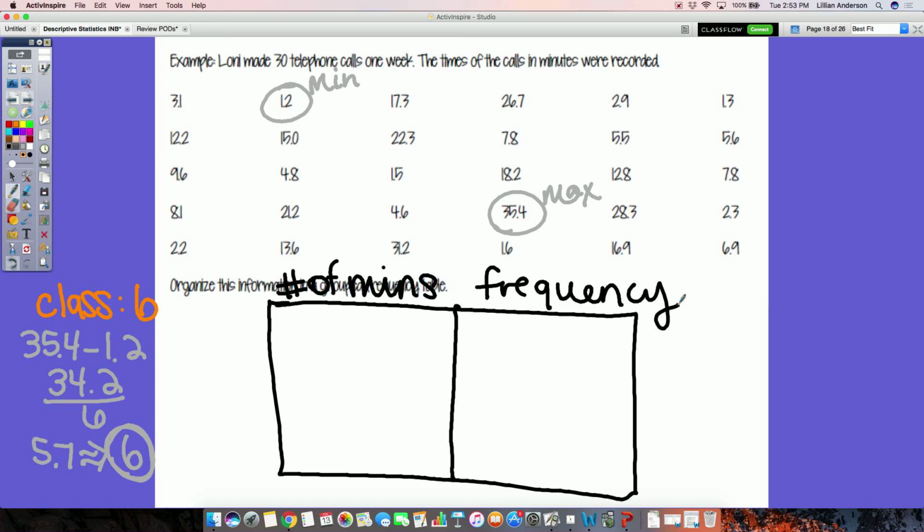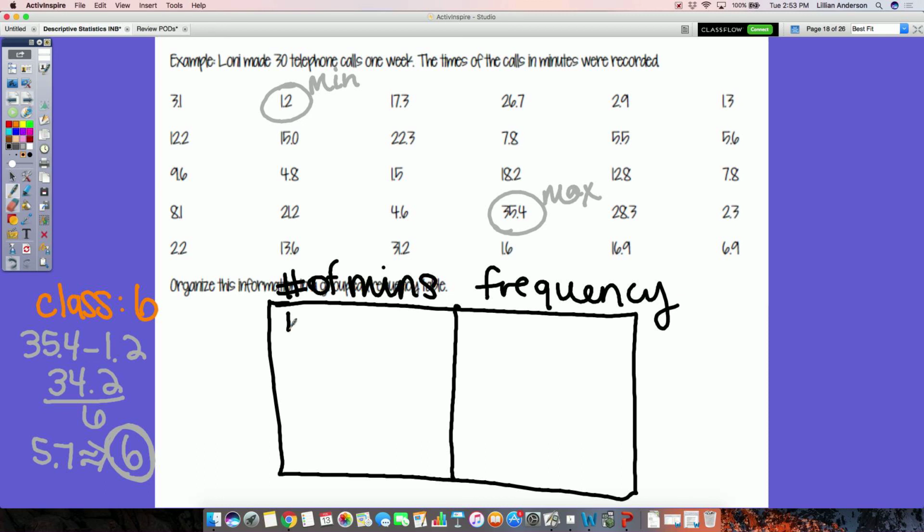Now with this one, we have some decimals. Okay. Some calls lasted 0.2, 0.1, 0.6, 0.4. And so, for the sake of simplicity, can we use whole numbers? Okay. So if 1.2 is my minimum, what's going to be my lowest class lower limit?